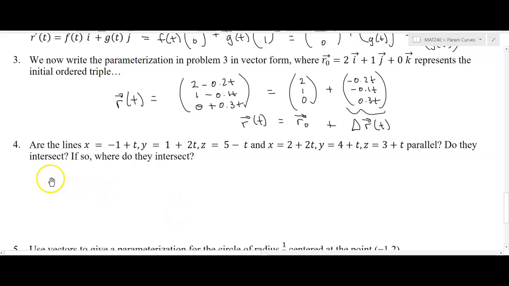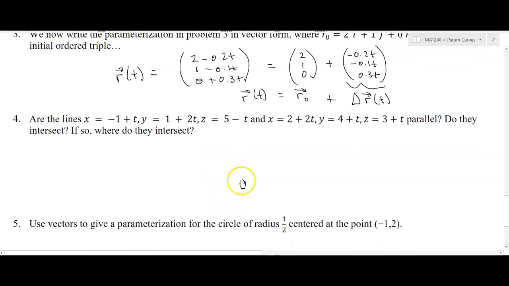And finally, let's look at another problem just to reason through what these things are doing. Are the lines x equals negative 1 plus t, y equals 1 plus 2t, z equals 5 minus t, and x equals 2 plus 2t, y equals 4 plus t, and z equals 3 plus t parallel? Do they intersect? If so, where do they intersect? To see if they're parallel, first let's break these two up into their position vectors.